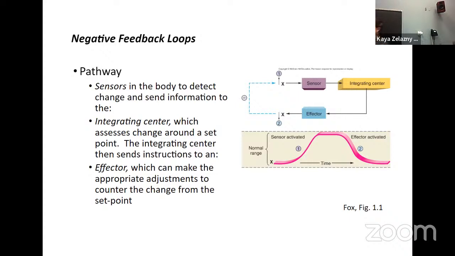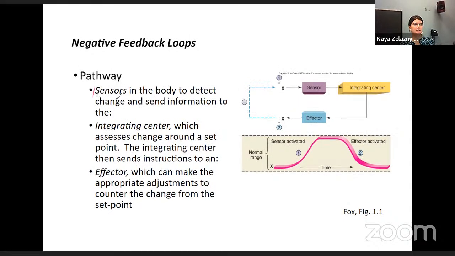Whenever we have a negative feedback loop, we're talking about regulating that variable. We're going to note that part of our pathway will be first sensing a change. So we'll have sensors in the body detecting the change. These will usually be some sort of receptor on some sort of cell, most likely. Then we'll go to the integrating center.